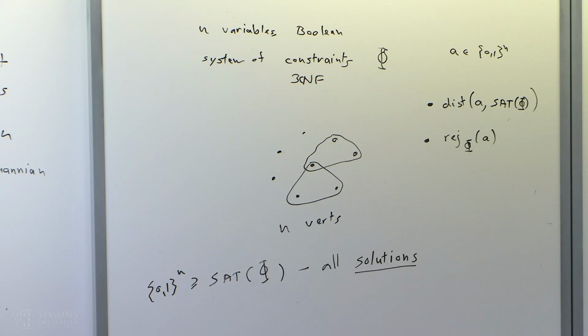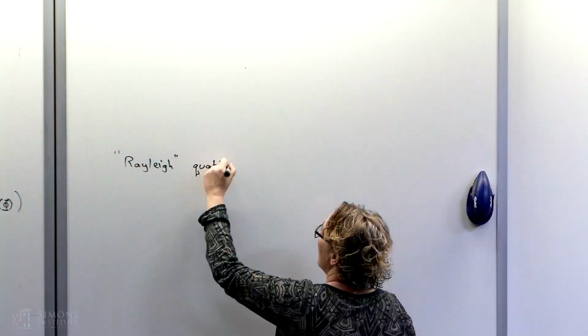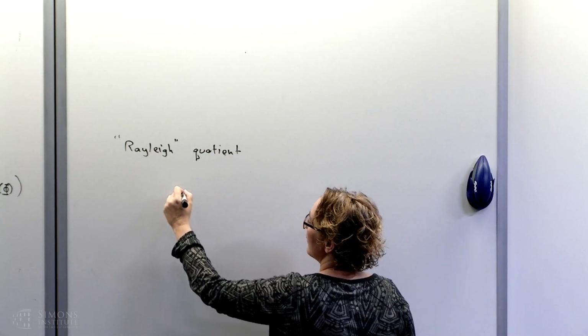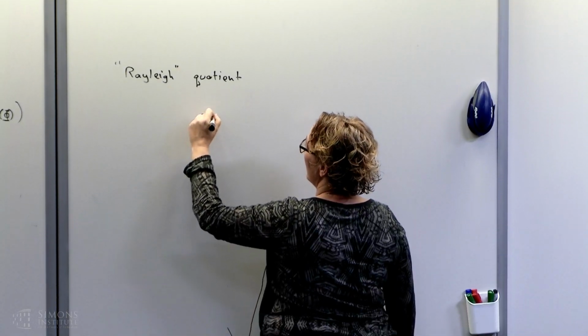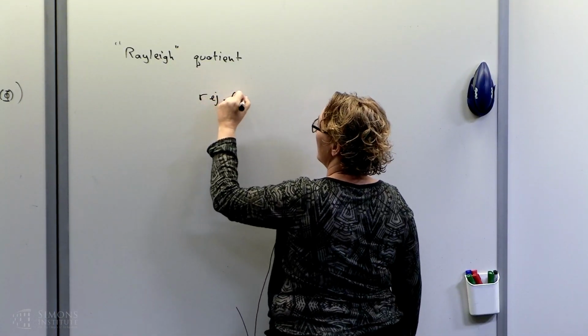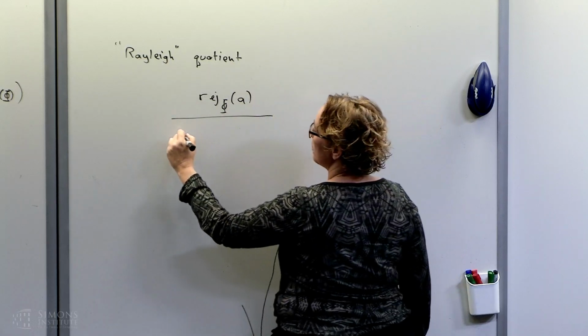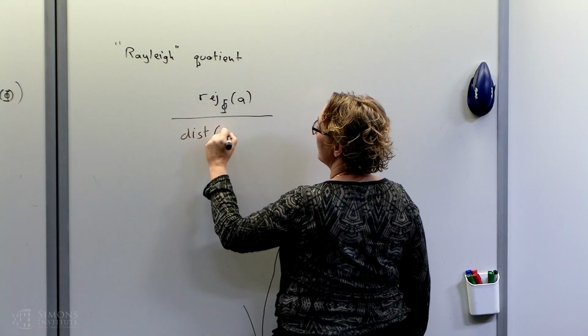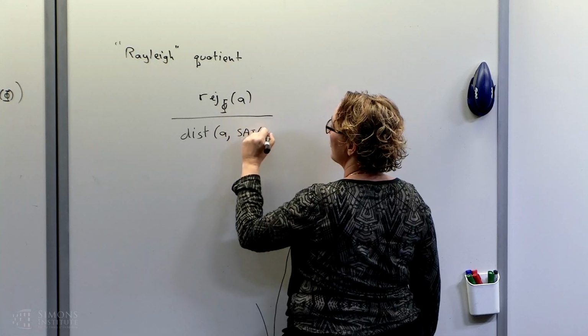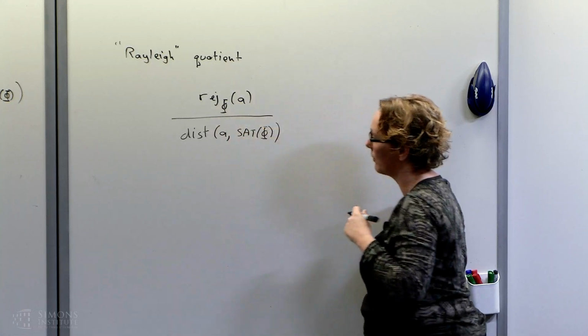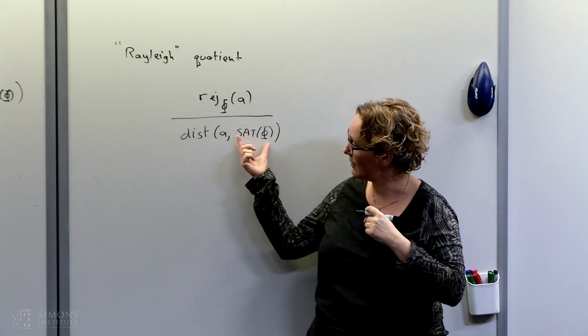So in fact, let's define this kind of Rayleigh quotient, which is the fraction of unsatisfied constraints divided by the distance of A from sat phi. Of course, it only makes sense to do it for A's that are not in this set.